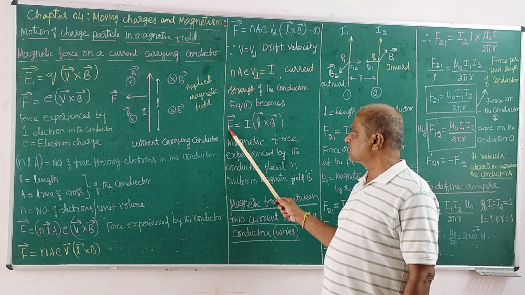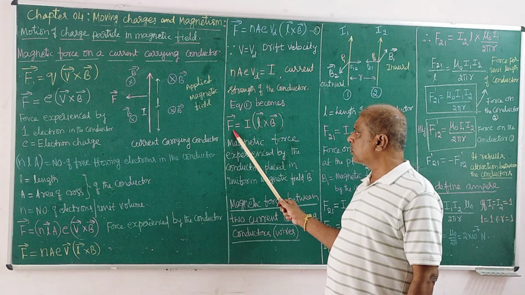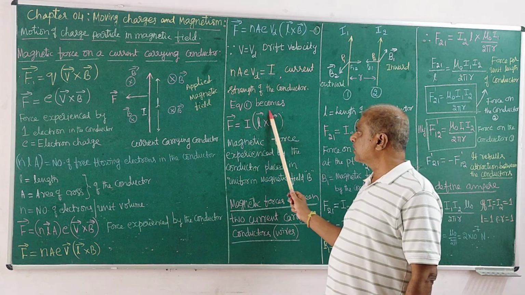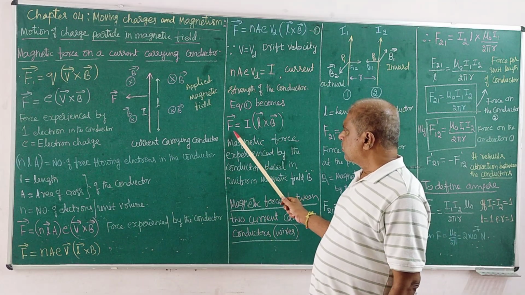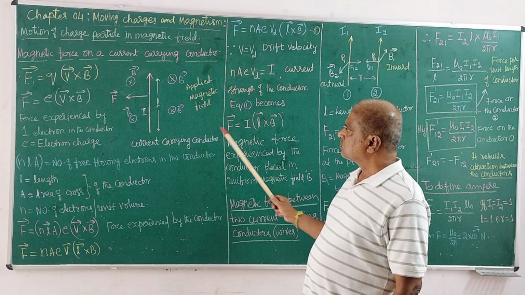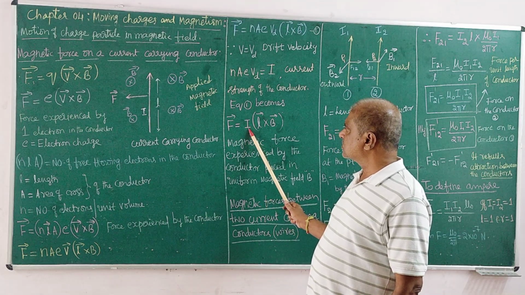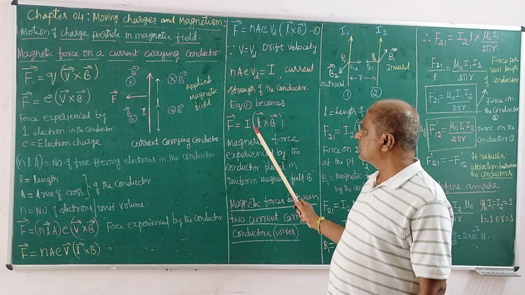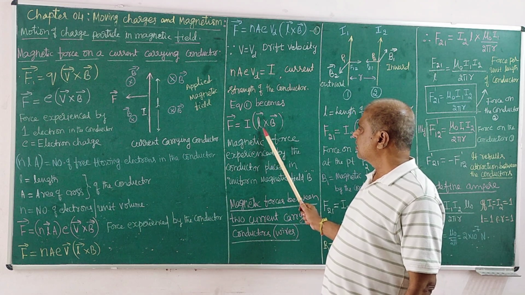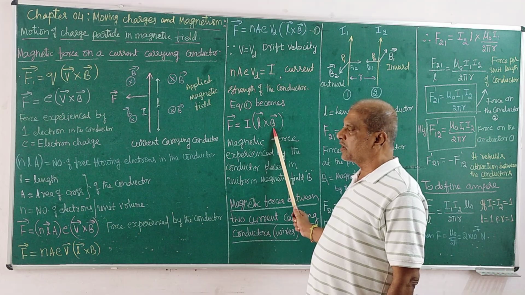There are three vectors, force, L and B, and they have direction. The magnitude of the force acted upon the conductor depends on the current intensity, the length of the conductor, and the intensity of the applied magnetic field.